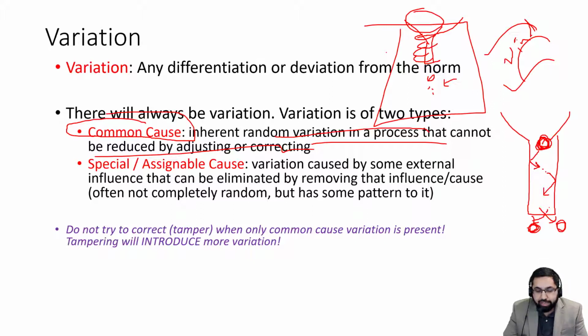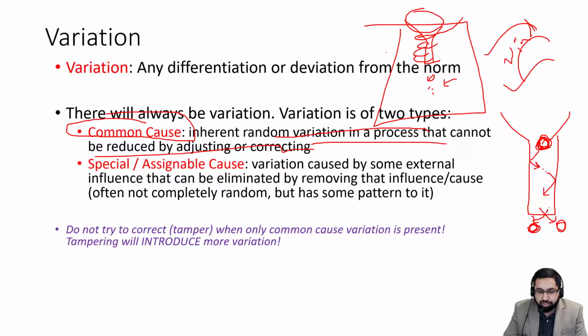So the main idea that the whole experiment is trying to get across is that you have to figure out whether you have common cause variation and special cause variation, or only common cause variation. The reason being, if it's only common cause variation, then fidgeting around with the funnel is not going to help you, because that is inherent variation in the system.